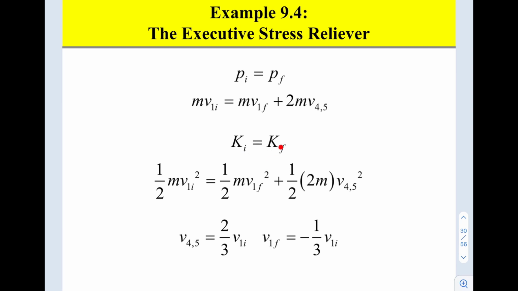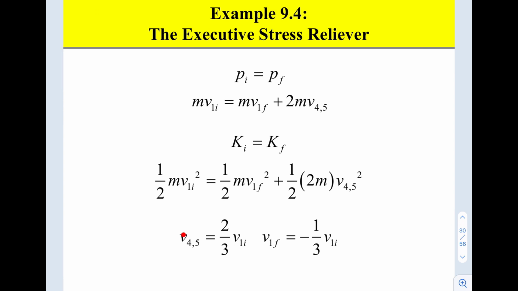Based on conservation of kinetic energy, what will happen? You will have V4 and 5 equal to 2 over 3 of V1 initial, and V1 final equivalent to negative 1 over 3 V1 initial.